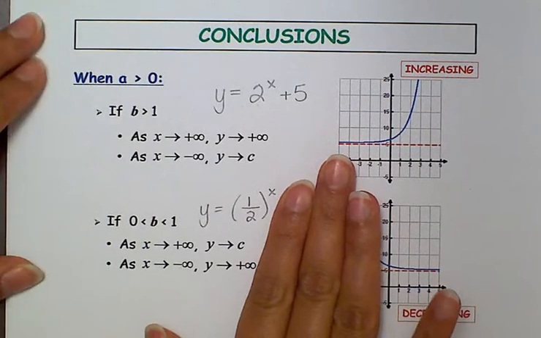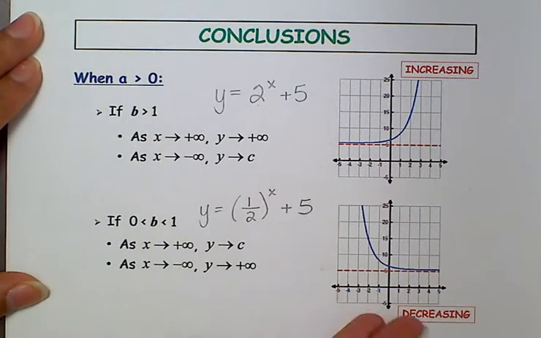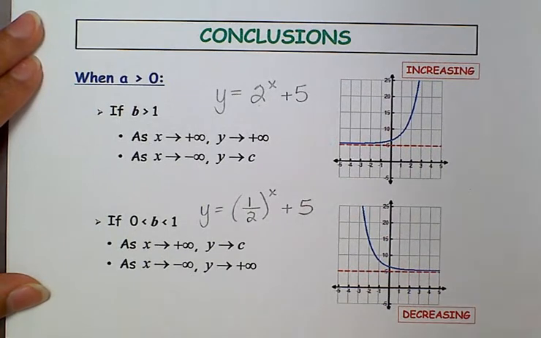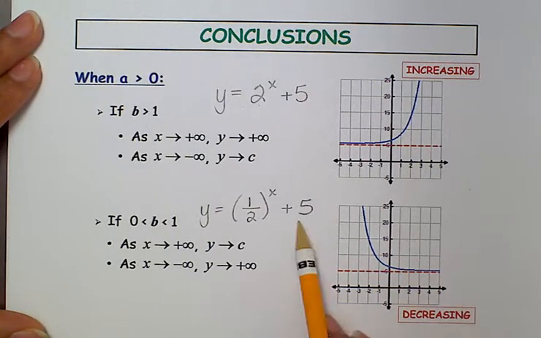Shifting the graph up 5 units just moves the entire graph up along with the horizontal asymptote. And so the graph is still decreasing. That hasn't changed. So what that means is, as the value of x gets larger, the value of y approaches the asymptote, which in this case is 5. And as the value of x gets smaller, the value of y approaches positive infinity.